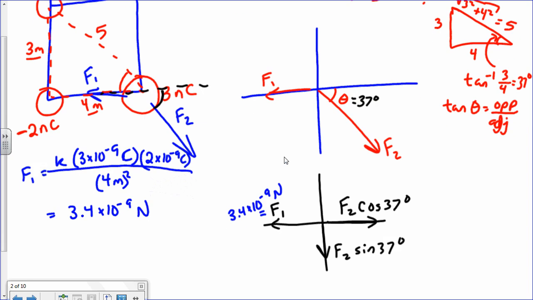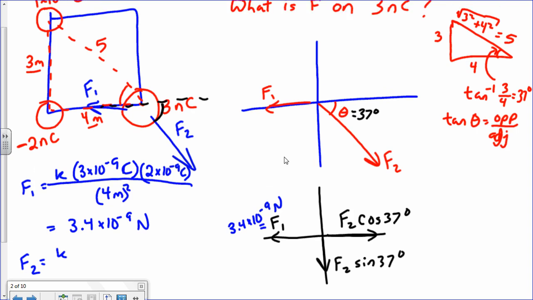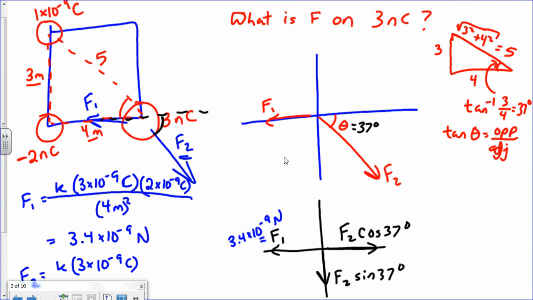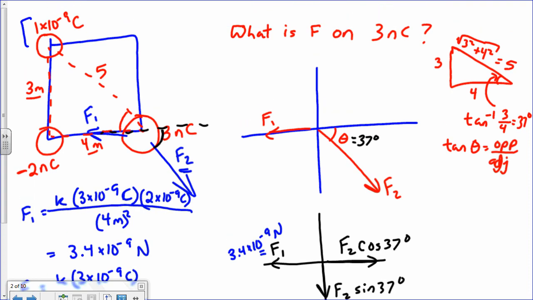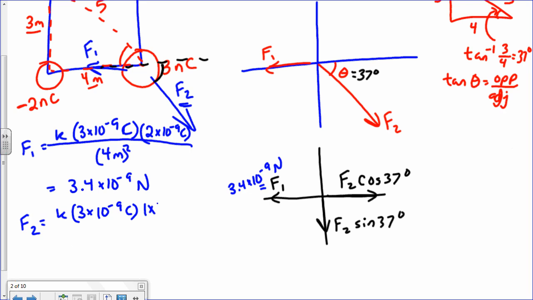And then I want to do a similar thing where I find F2. I'm going to say K, that's my 9 times 10 to the 9th value. It's called Coulomb's constant. F2 is going to be 3 nanocoulombs, that's 3 times 10 to the minus 9 coulombs, times this charge, which is 1 times 10 to the minus 9, divided by the distance squared, which is 5 meters squared.